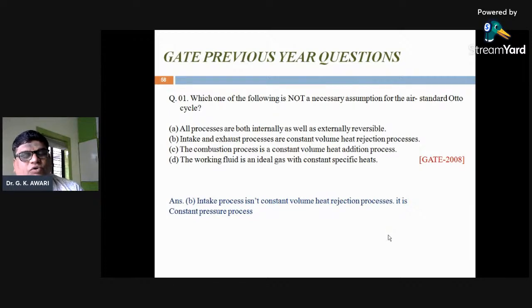So out of these four statements, which is not a necessary assumption for the air standard cycle? It is not an assumption that intake and exhaust processes are constant volume heat rejection processes. It is a constant pressure process.